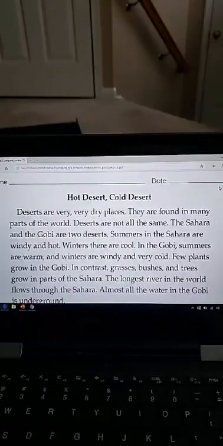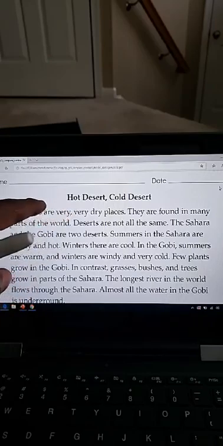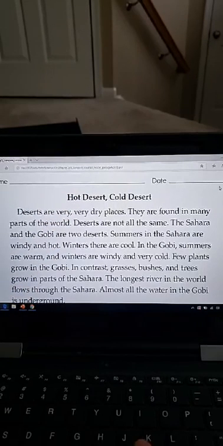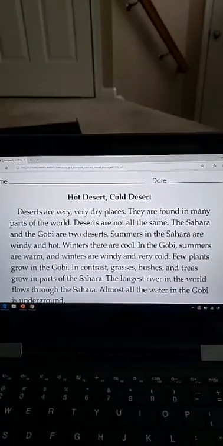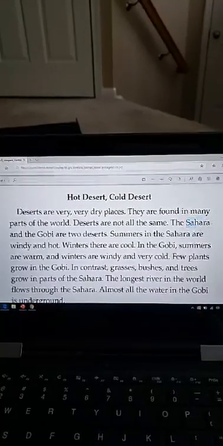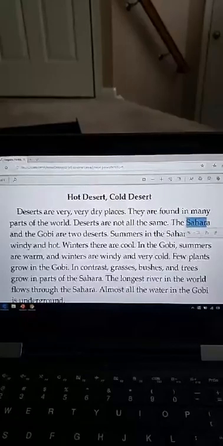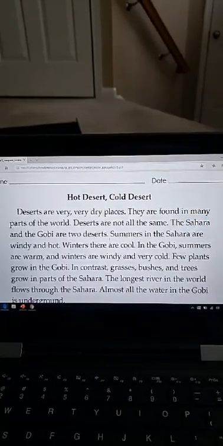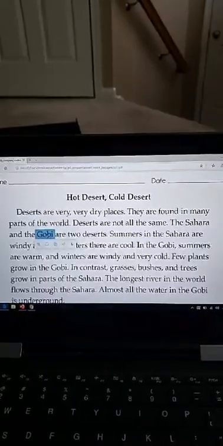And from the text so far, we found that we were going to compare and contrast a hot desert and a cold desert. But as we started reading, we realized the names of our deserts are the Sahara Desert and the Gobi Desert.